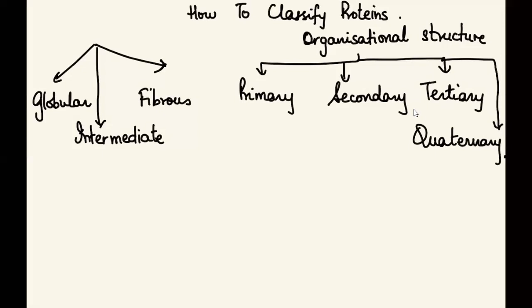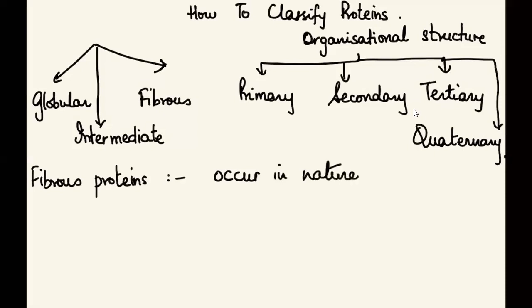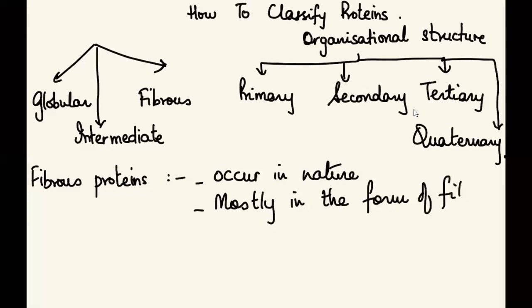Globular and fibrous. Globular आपने कर लिया. Let's do fibrous and intermediate proteins. So fibrous proteins are those that occur in nature, mostly in the form of fibers. Fibers हैं, ठीक है?